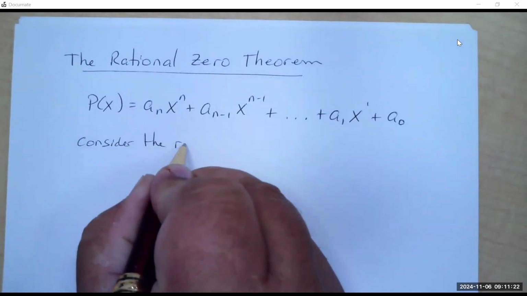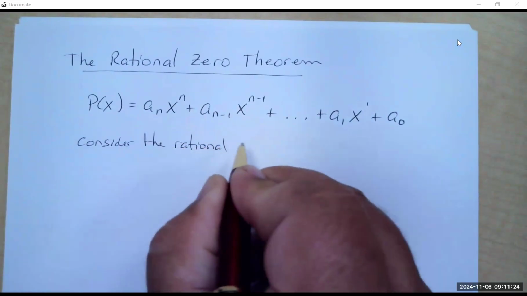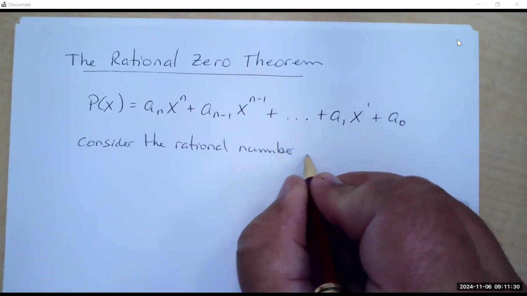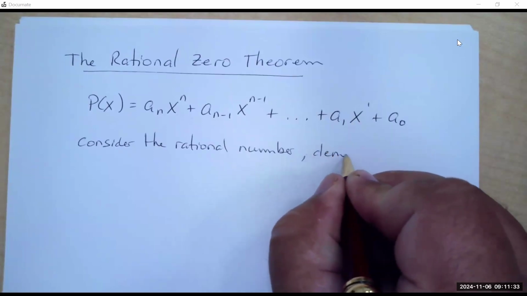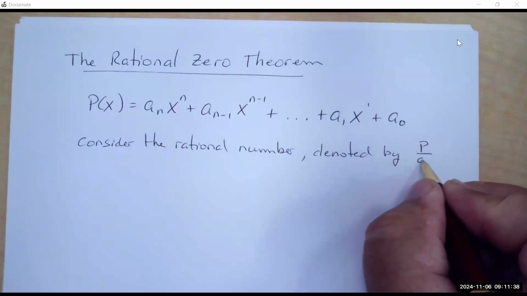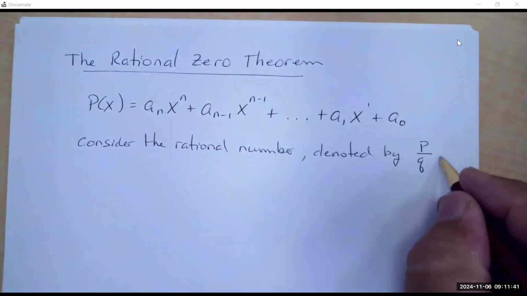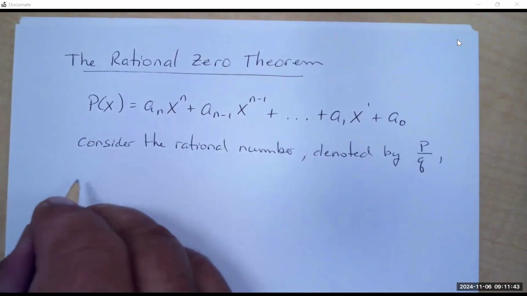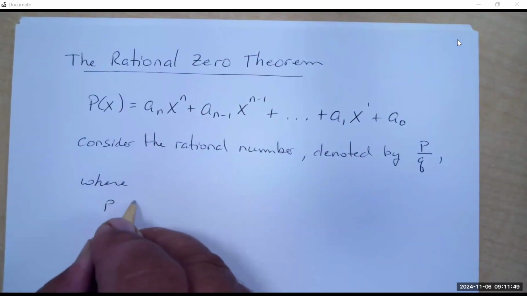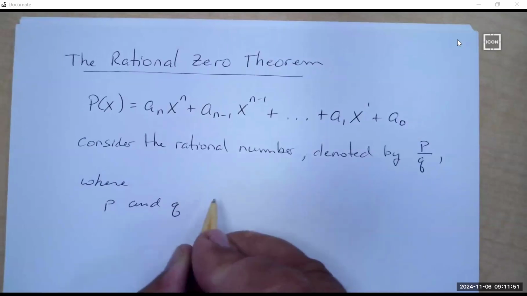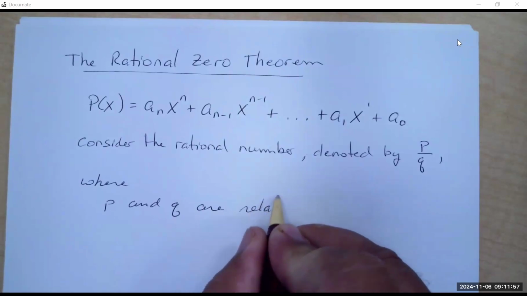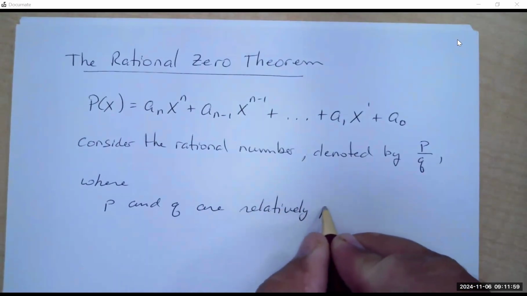Consider the rational number denoted by P over Q, where P and Q are relatively prime numbers.